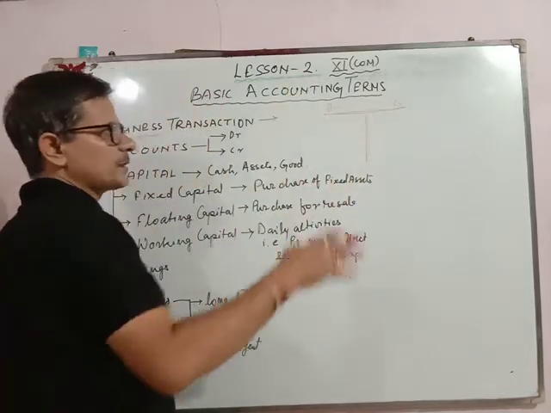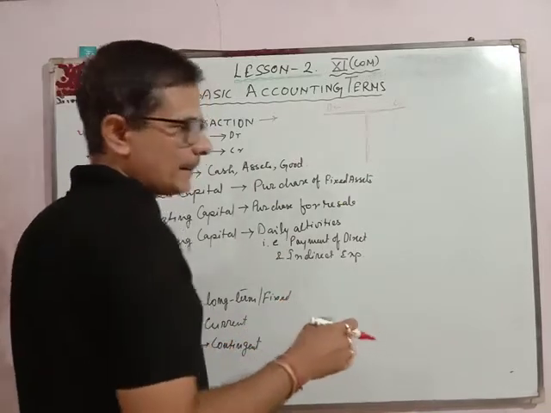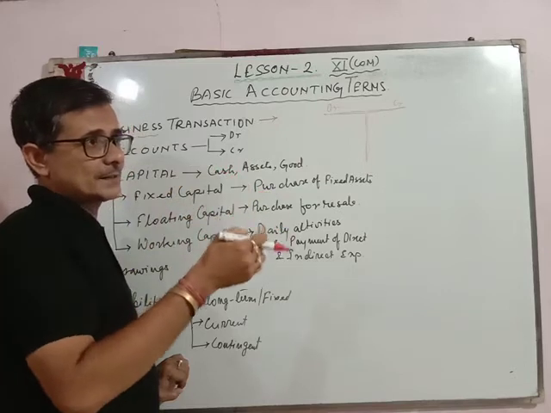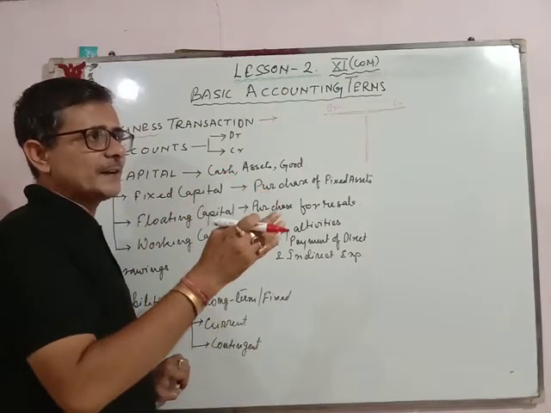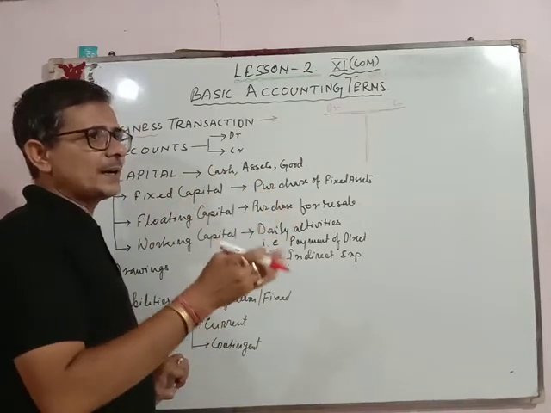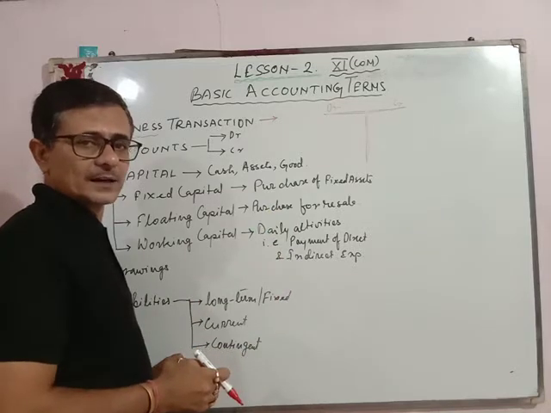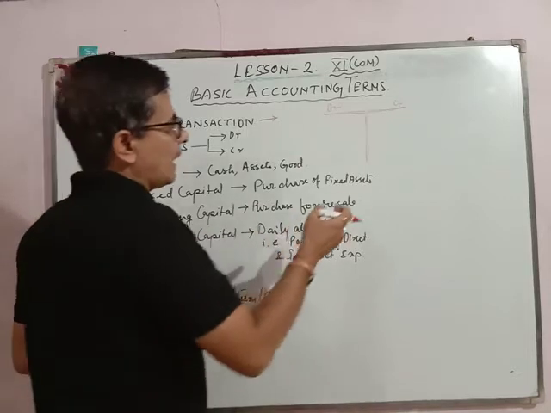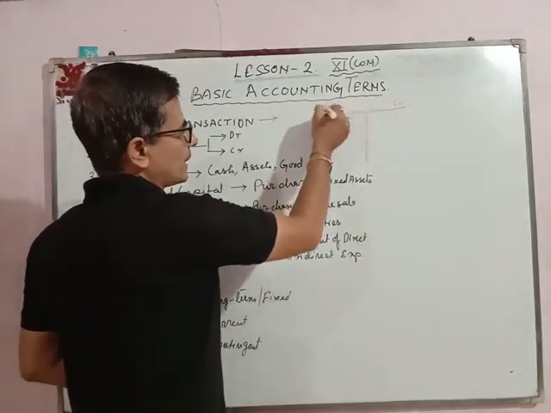Now various types of transactions and activities go on in the business, and every activity is different in its nature and characteristics. So accordingly we enter it. Later on we will learn the rules.